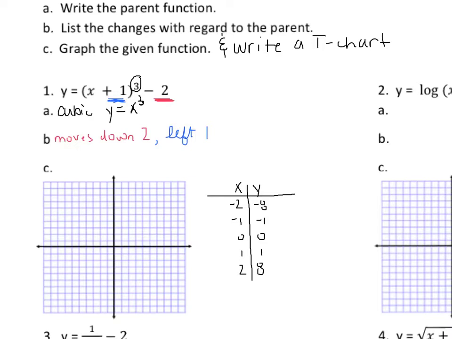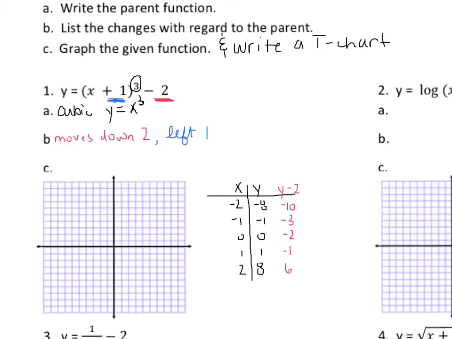So over on the right side of y, and this is what I mean by writing a t-chart, we're going to say that y is going to get subtracted by 2, because it is moving down 2. So let's subtract 2 from all of these y values. We're going to have negative 10, then negative 3, then negative 2, then negative 1, and then 6.